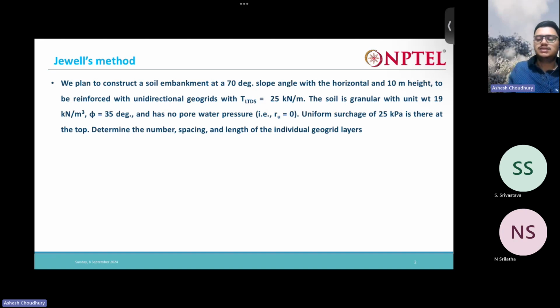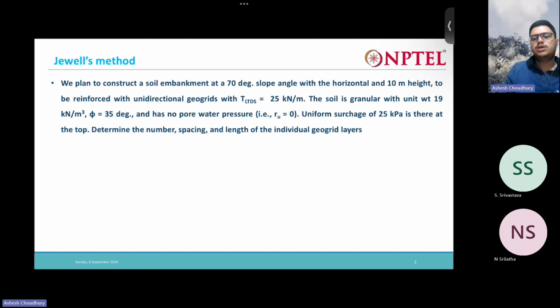The height of the embankment is 10 meters, and that is to be reinforced with the unidirectional geogrid with a long-term design tensile strength of 25 kilonewton per meter. So the long-term design strength of the geogrid that we are to use is given, and that is 25 kilonewtons per meter.